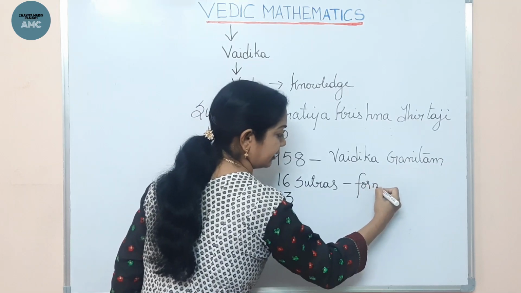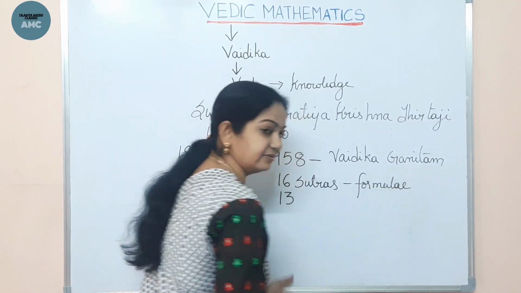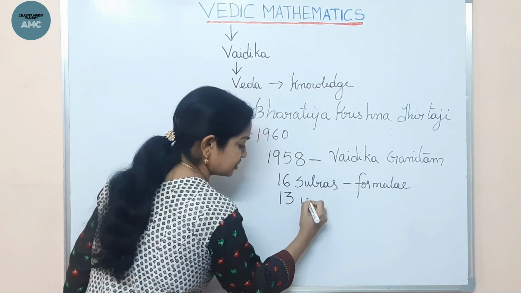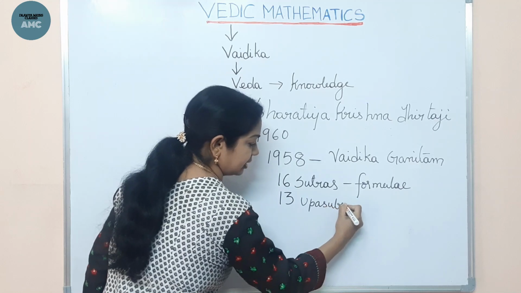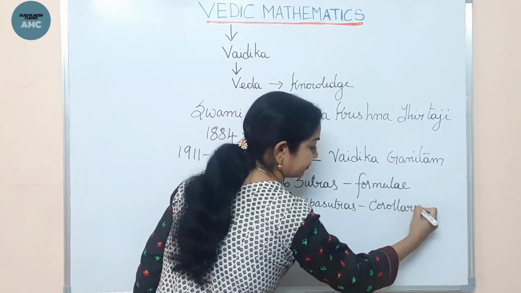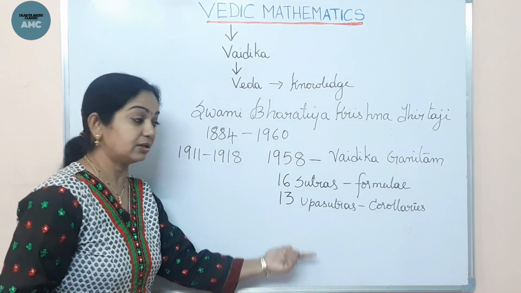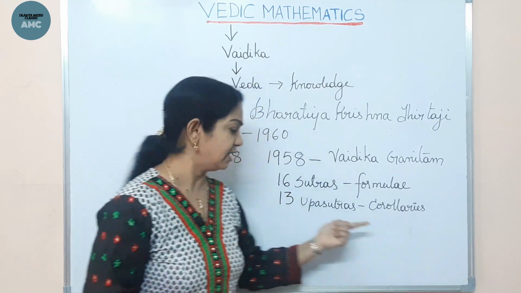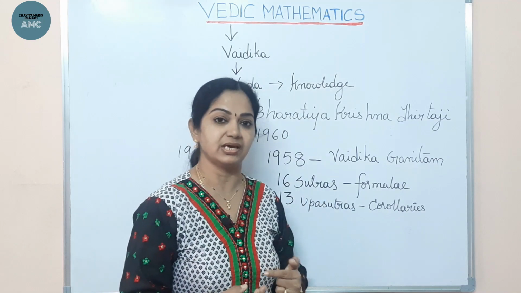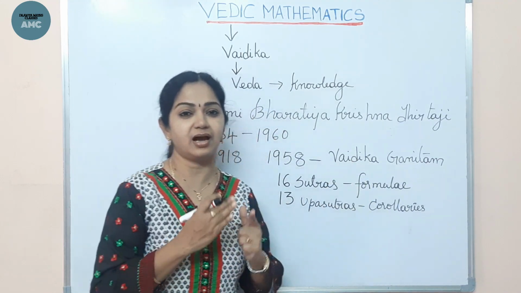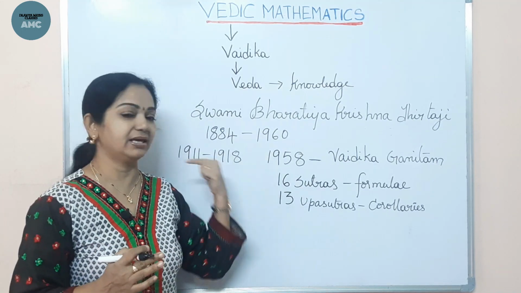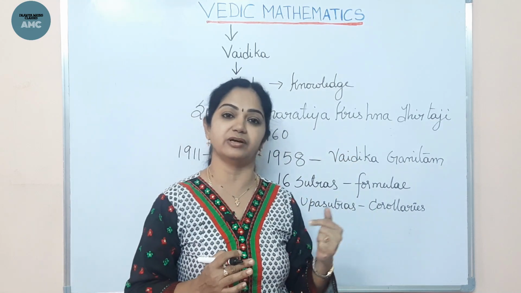Swamiji gave 16 sutras and 13 upasutras, that means sub-sutras, which are the corollaries of the theorems. So altogether, Swamiji gave 29 sutras in his book, covering everything from the basics to higher order mathematics.